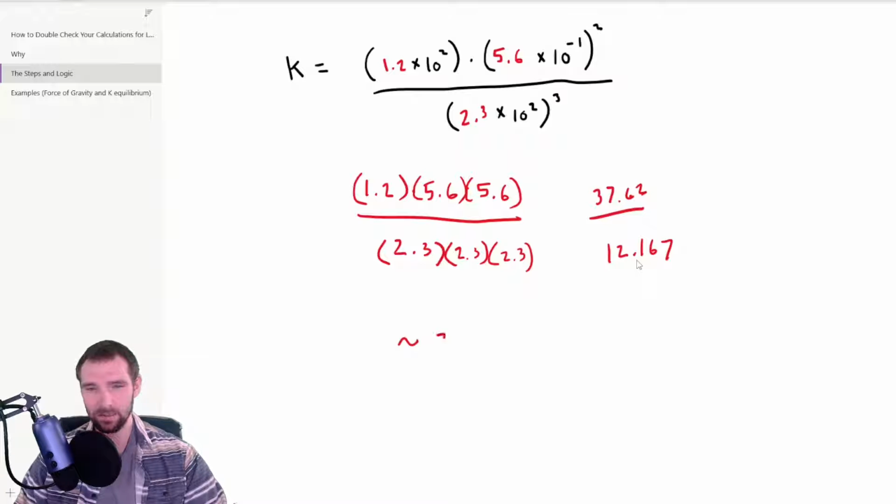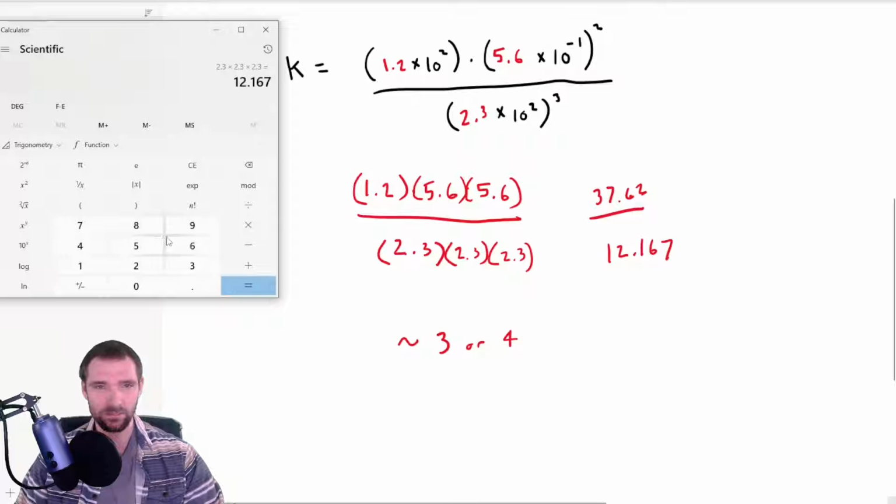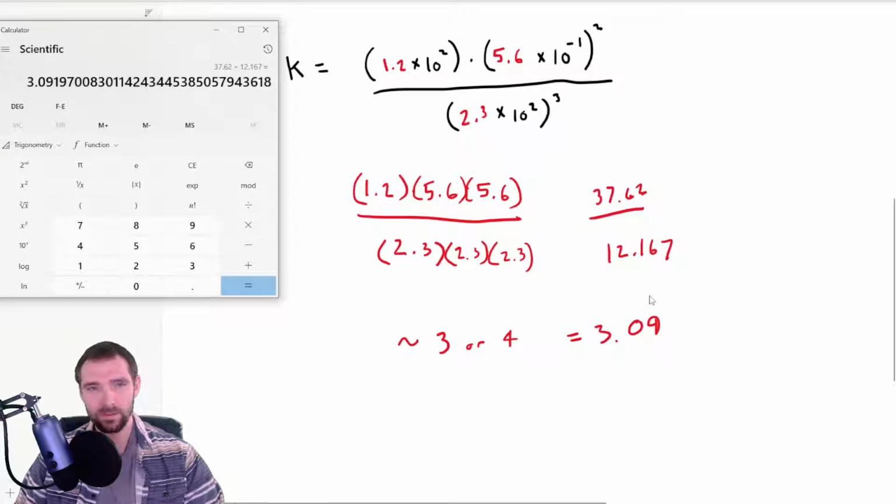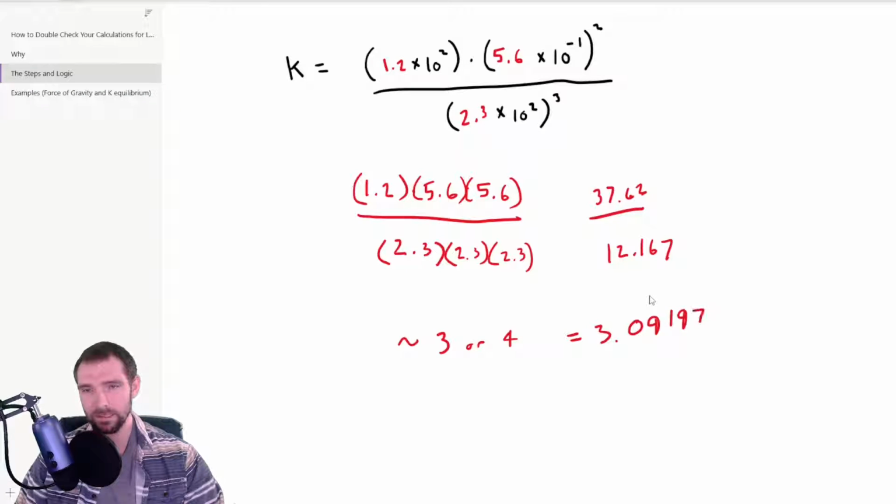So this is about 3 or 4 maybe, but if we actually did the calculator work, we could figure that out as 37.62 divided by 12.167, and it actually is exactly 3.09197.